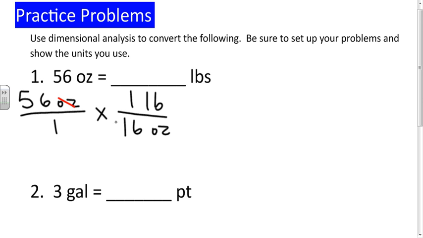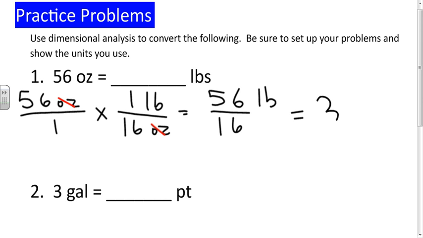So I can cancel out my ounces here. 56 times 1 is 56. 1 times 16 is 16. My unit that's left is pounds. 56 over 16, 16 goes into 56 3 times with 8 left over. 8 sixteenths is a half, so 3 1/2 pounds.